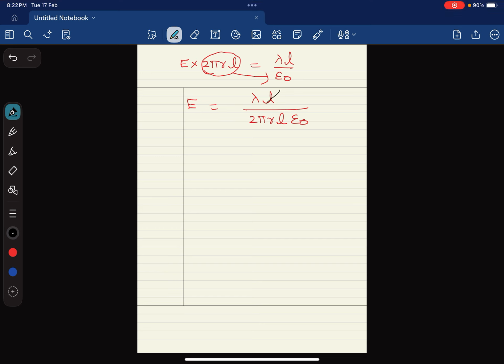Here the length L in the numerator and denominator cancels. The rest of the expression is E equal to lambda by 2 pi epsilon naught into R. This is the expression for the electric field due to an infinitely long charged wire, where lambda is called the linear charge density.